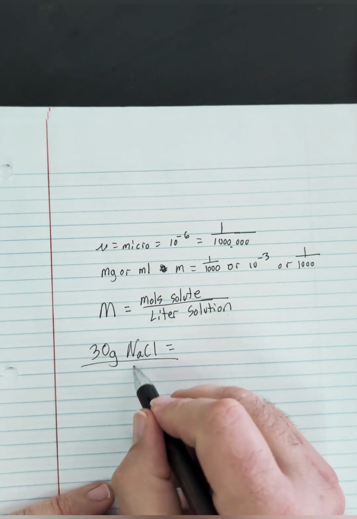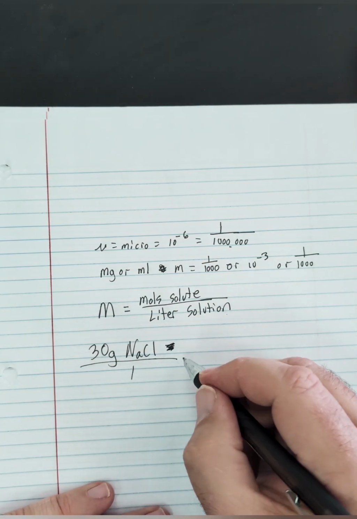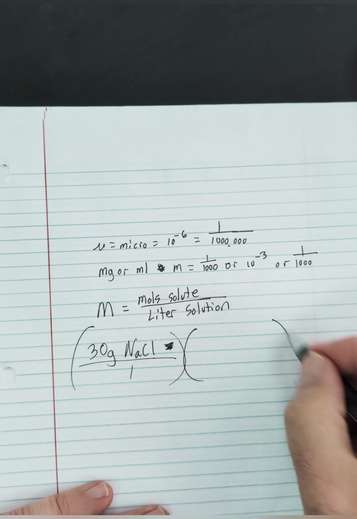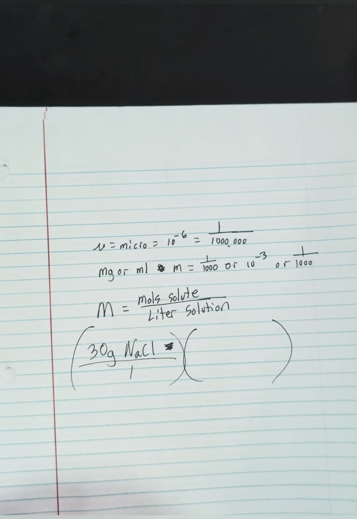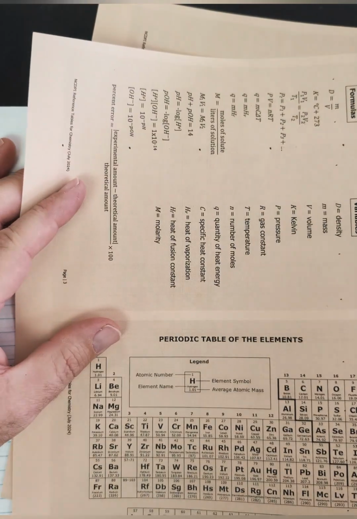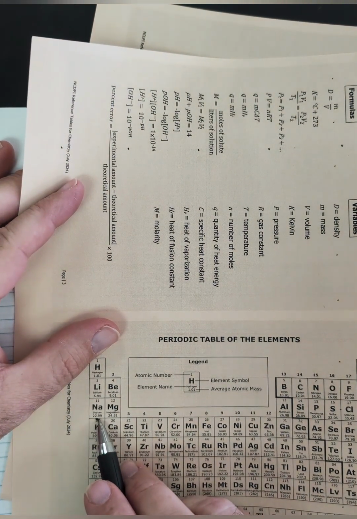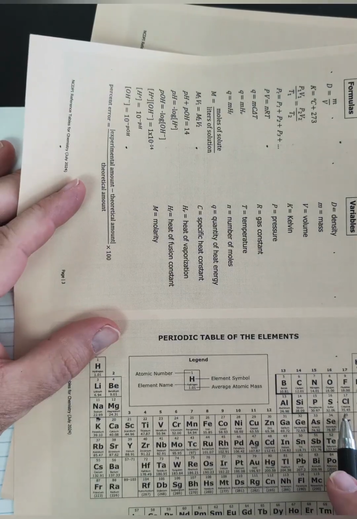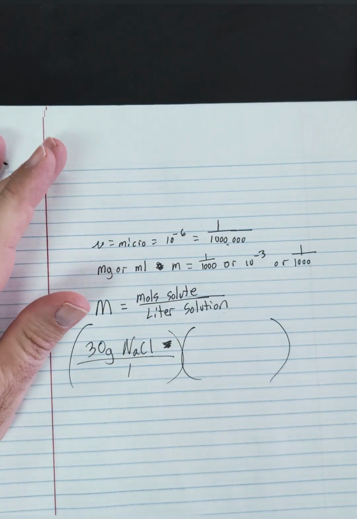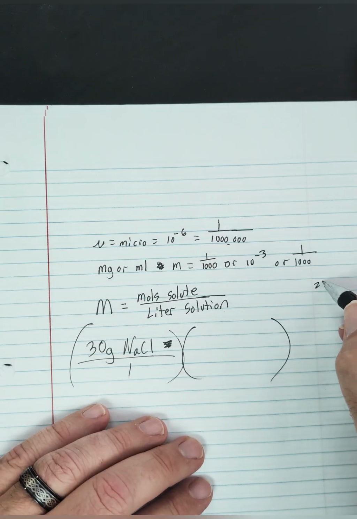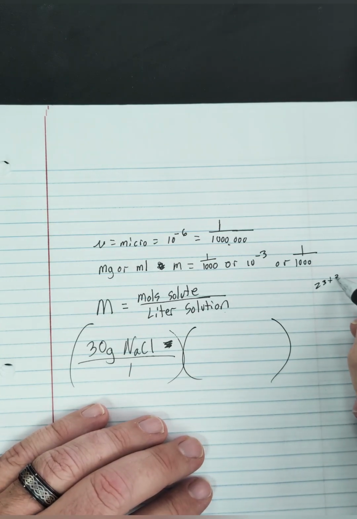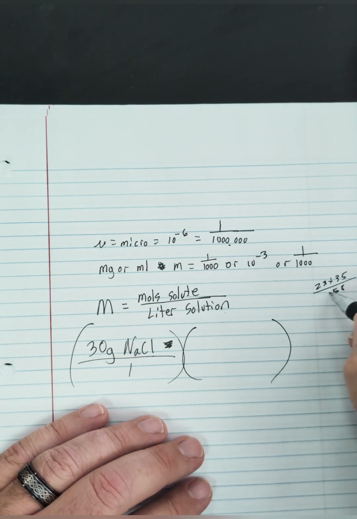And so you would say 30 grams. Now, the mass of sodium, if we look at our reference table, sodium has a mass of, let's call that 23. Chlorine has a mass of, let's call that 35. So 23 plus 35 would be 58.